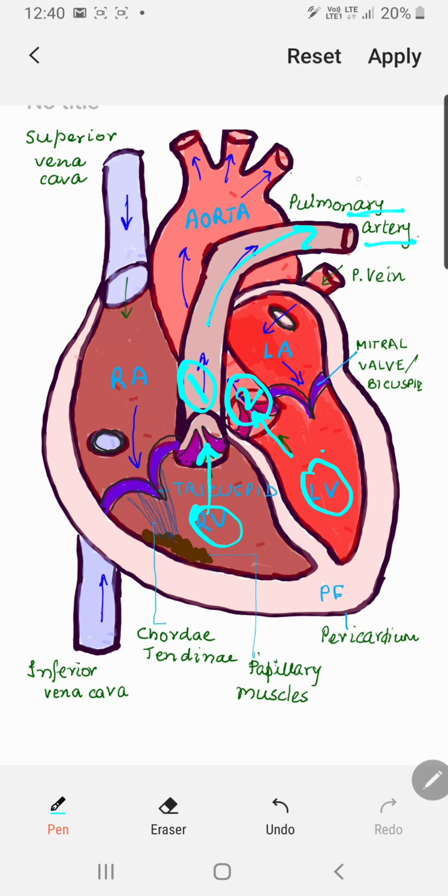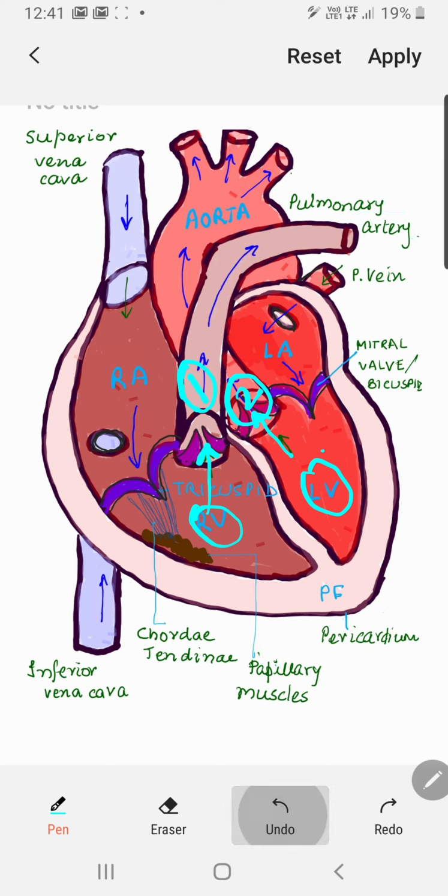This has deoxygenated blood, so it must be going to the lungs for purification. And this one is the aorta. Aorta is a very big artery. It divides further into subclavian and carotid artery, which go to the head area, but that division is not important here. What you have to see is that it is the aorta that emerges out of the left ventricle.